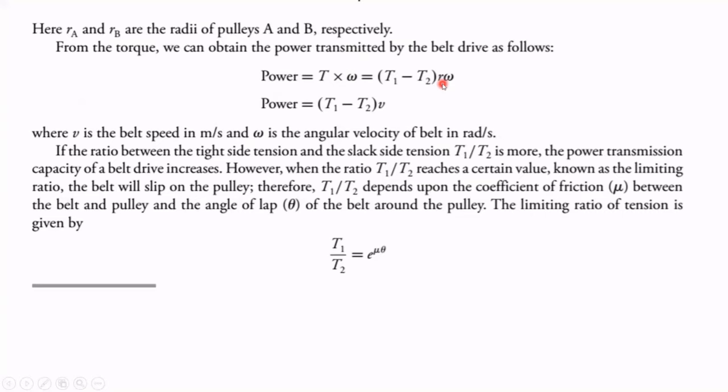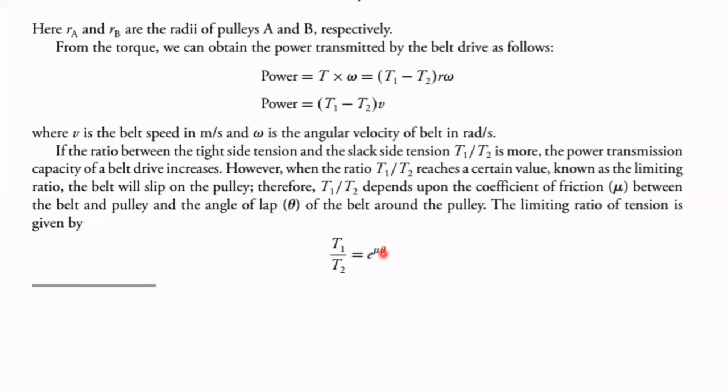At the same time the power transmission depends on the ratio of the tensions, T1 by T2, and T1 by T2 depends on mu and theta. Mu is the coefficient of friction, theta is the angle of contact between the pulley and the belt. If there is more friction between the pulley and the belt, they can transmit more power.